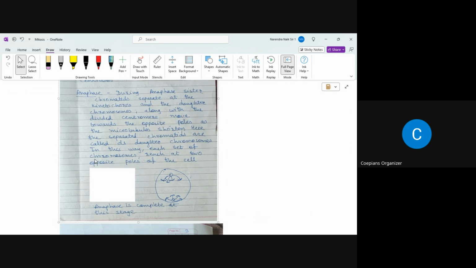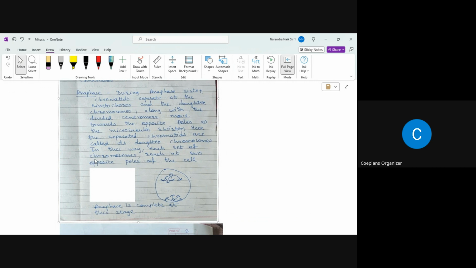These two chromatids are joined to each other by the kinetochore, and now they separate at the kinetochore, and the daughter chromosomes, along with the divided centromere, move towards the opposite poles. They were in the middle at the equatorial plate during metaphase. Now they are moving towards the opposite poles.